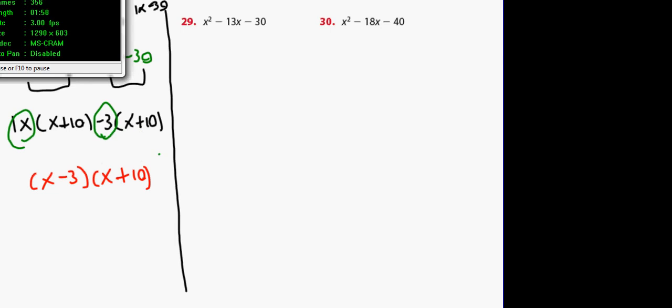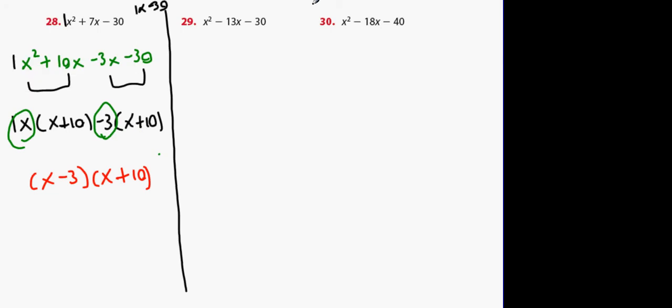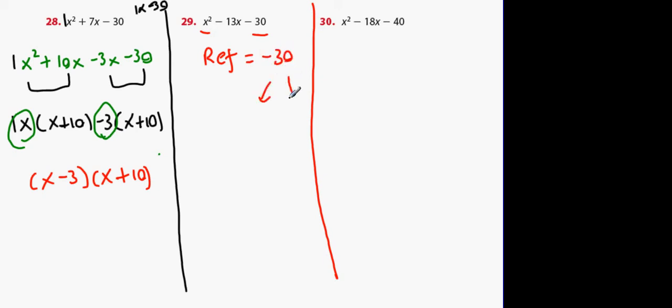Okay, the next one is going to be 29. Step 1 is to figure out the reference number. Once again, the reference number is actually minus 30. Now, what's actually quite confusing about this question is that you can come up with 2 and 15 and 3 and 10.